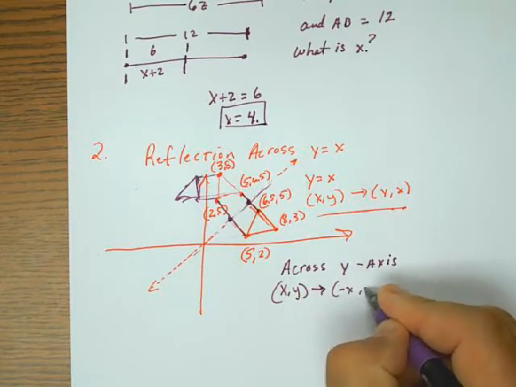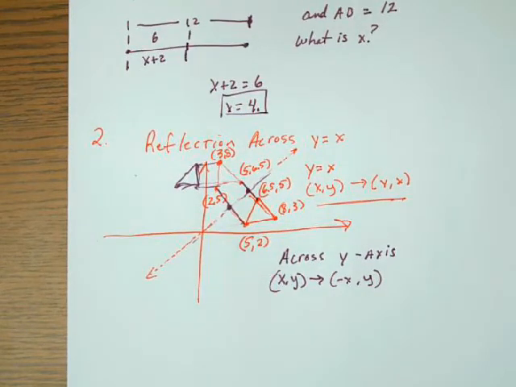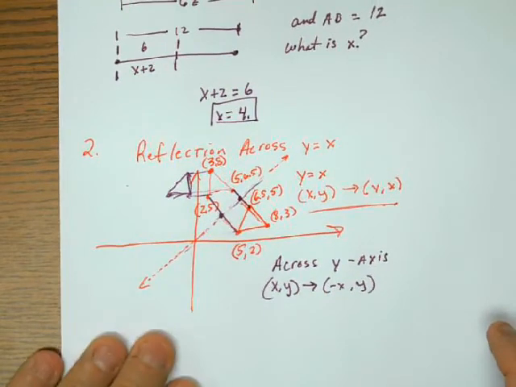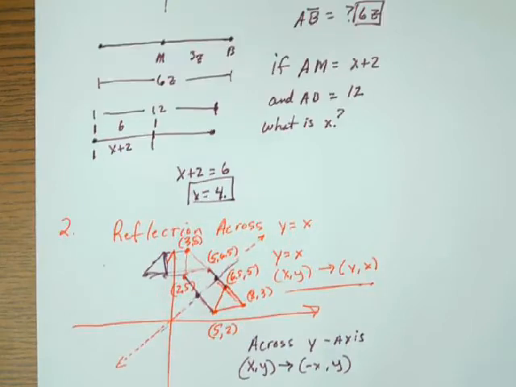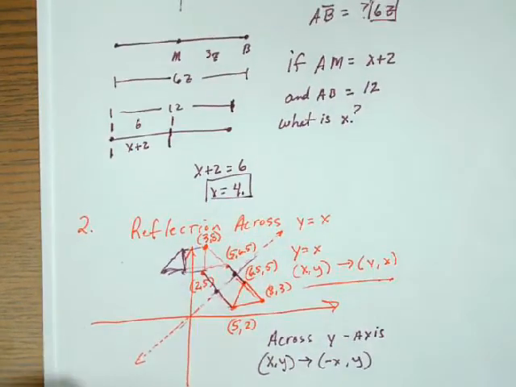There you go. Take the negative of the x, and the y stays the same. Going across the x-axis, take the negative of the y, and the x stays the same. Okay, good so far? We got 2 of the 7 or 8 topics done. Okay, go on. Number 3.